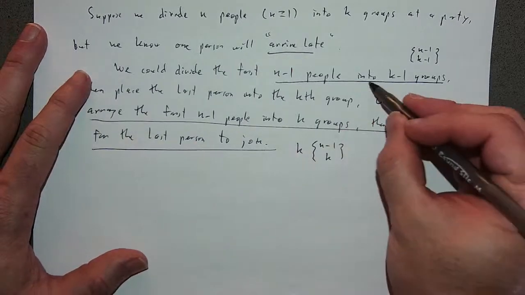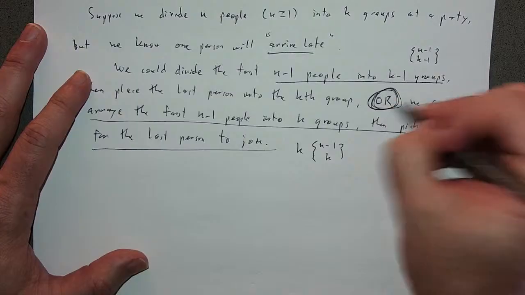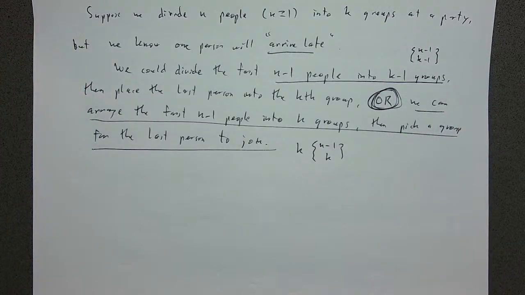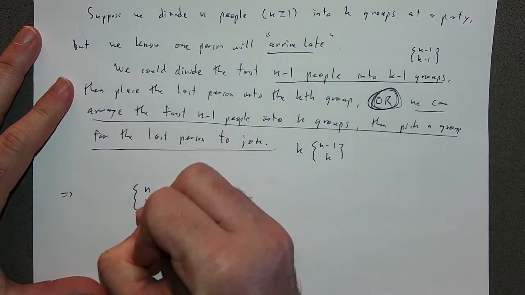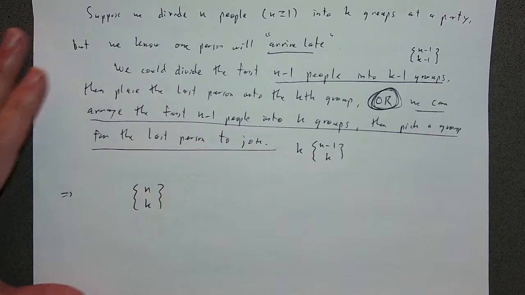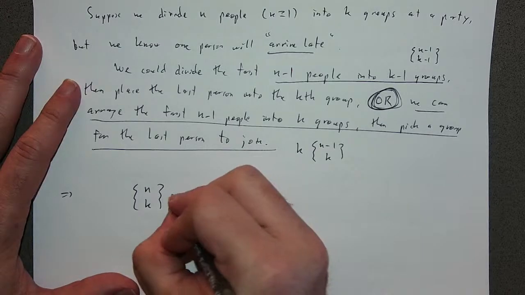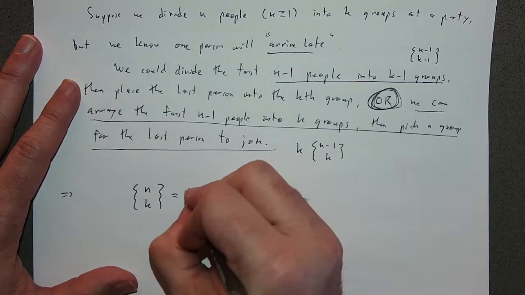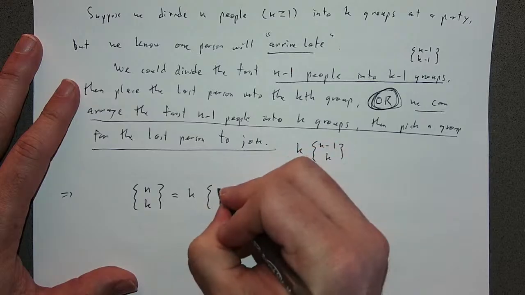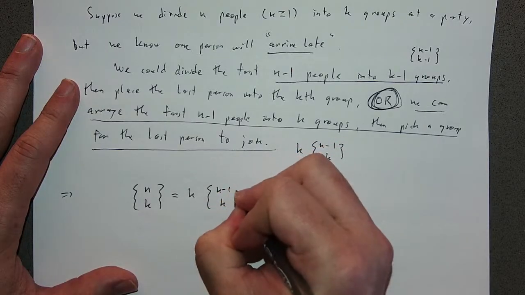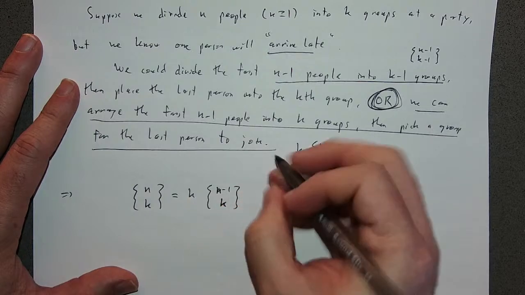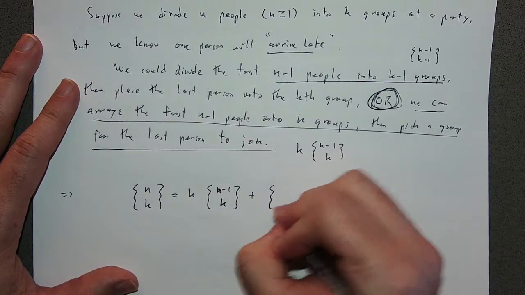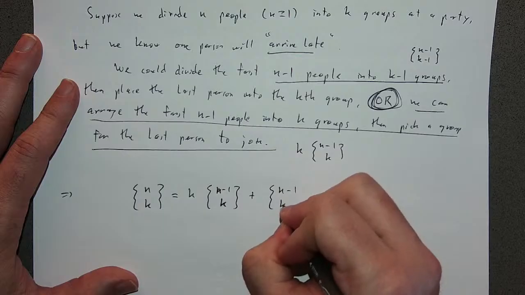But this is an either-or operation, so I add. And so this implies that my Stirling set number is k times the Stirling set number of n-1, k, plus the Stirling set number n-1, k-1.